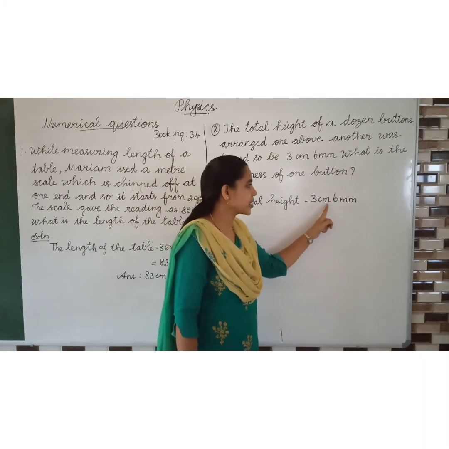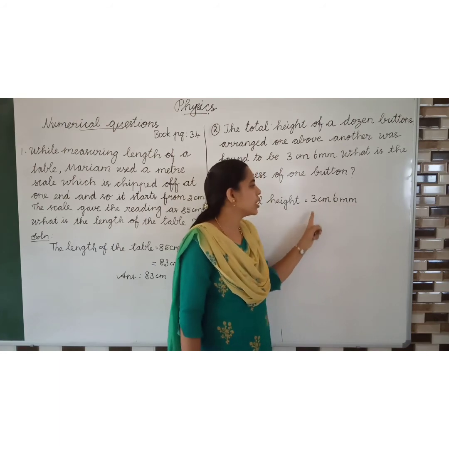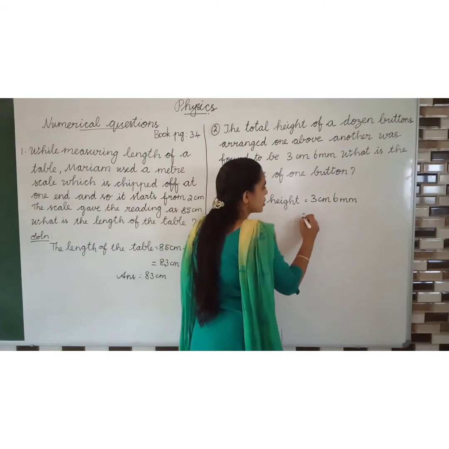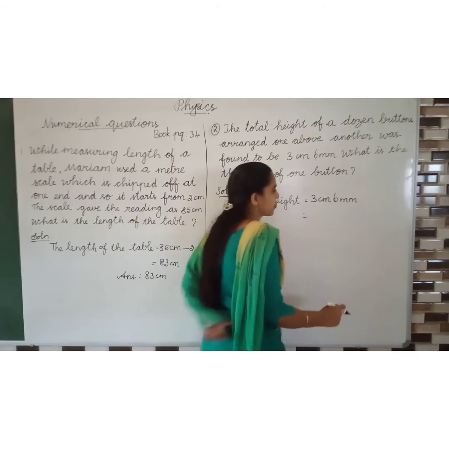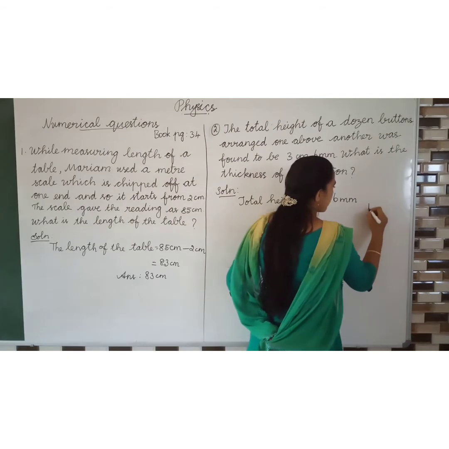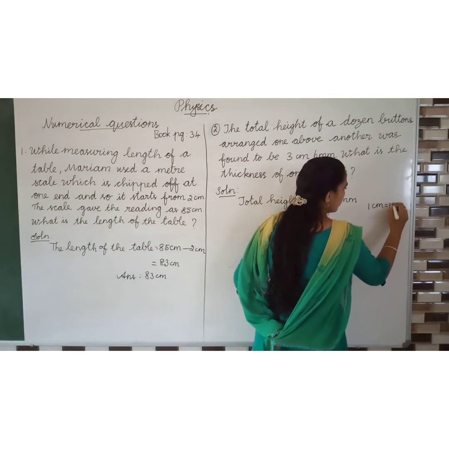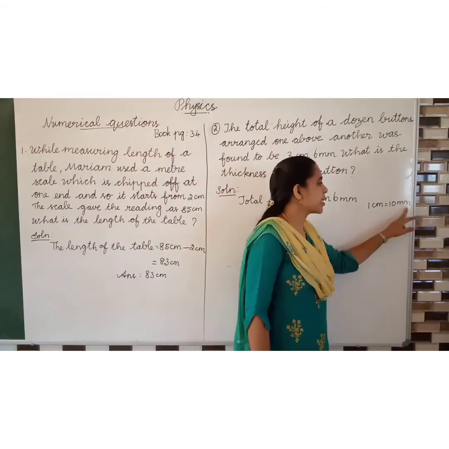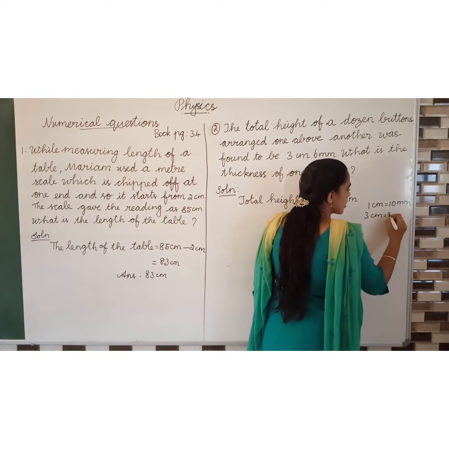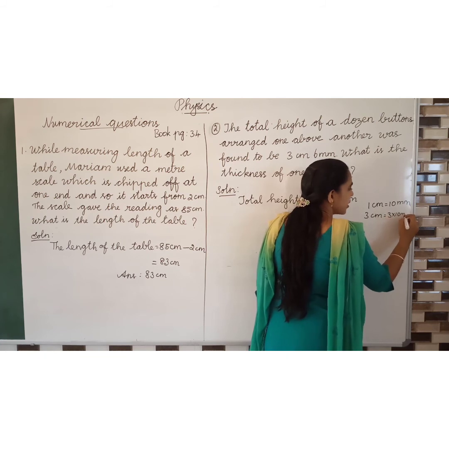Here we have centimeter and millimeter, so we have to write only in millimeter. So we have to change this centimeter. 1 centimeter is equal to 10 millimeter. So 3 centimeter equal to 3 into 10 millimeter.